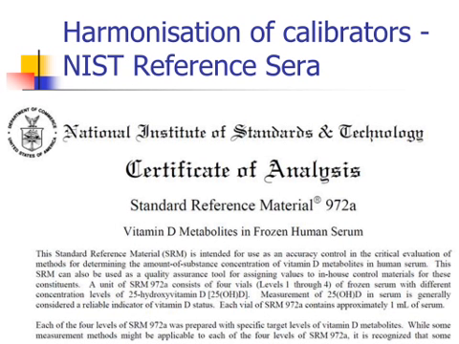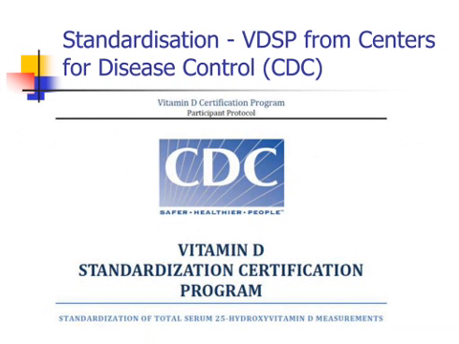So this is a frozen human serum, which contains the vitamin D metabolites and the epimer, where they've been measured by higher order reference methods, and you can test your methods against these materials to ascertain your bias. And we actually got quite good agreement, and we put that data in the paper as well.